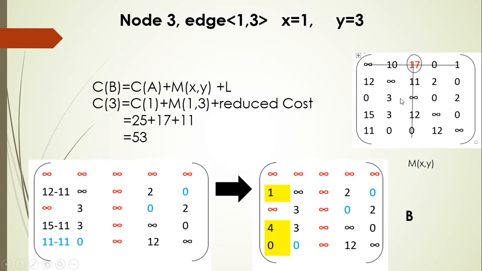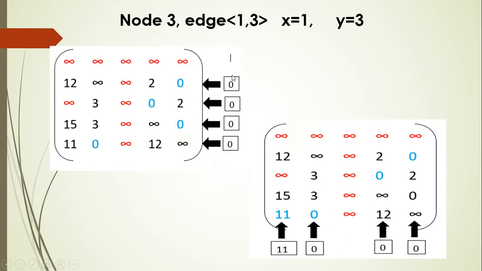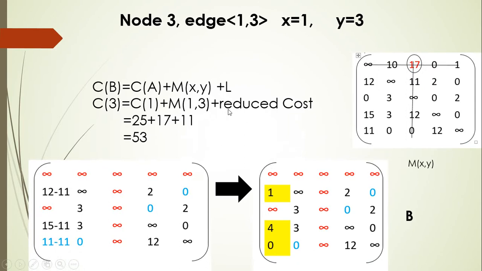Here the direct cost of 1 to 3 is 17, and the reduced cost here is 11, if you observe the addition of all these values. So you will get the cost for this node as 53, and the final matrix is this one.